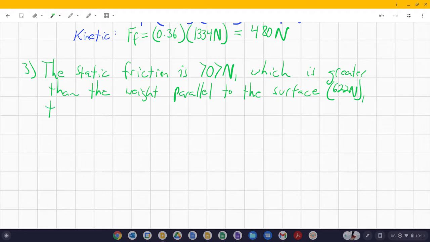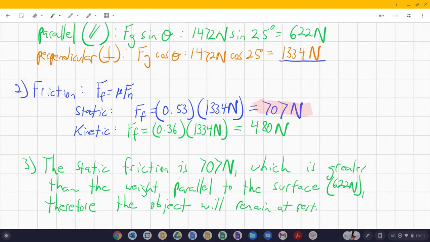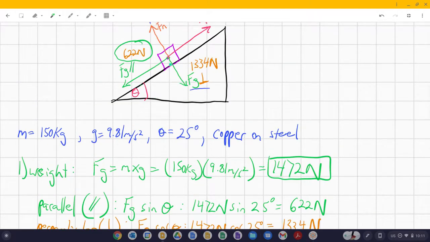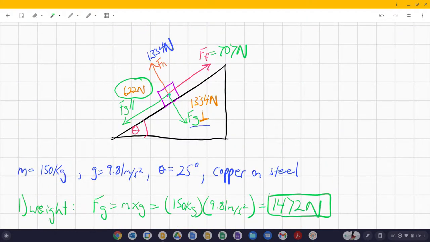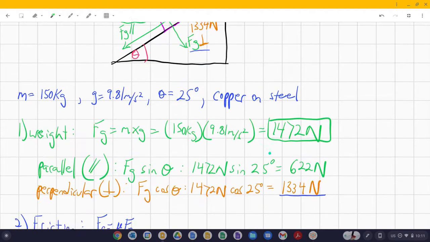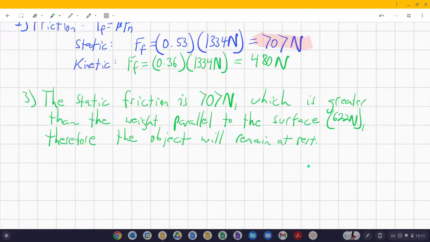Therefore, the object will remain at rest. So if static friction is not overcome by another force, the object won't move yet. It's stuck. Will remain at rest. And there we go. If the weight pulling parallel was greater than 707, then the object would start to slide down the hill. But that's not the situation here.